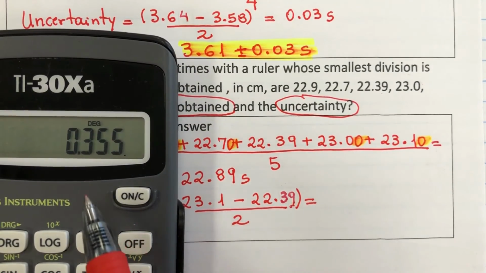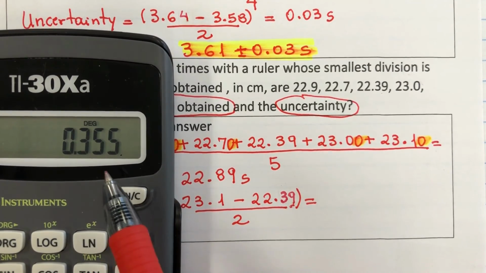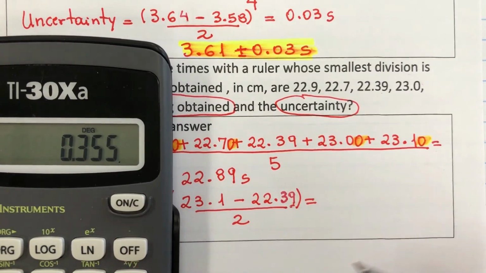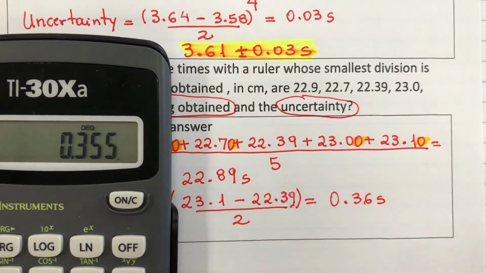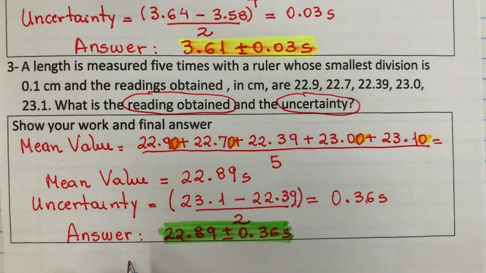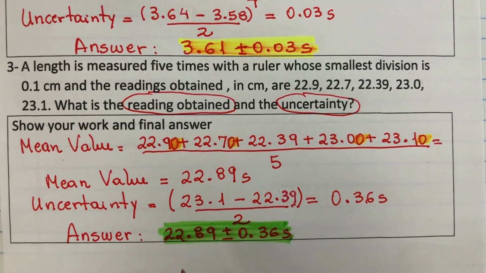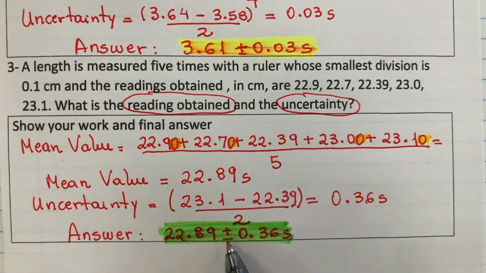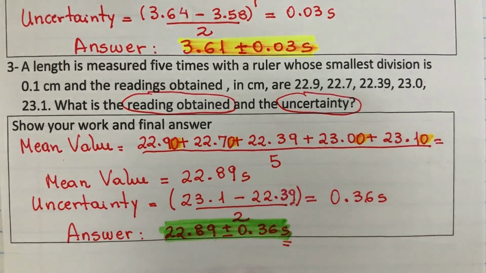Since I'm using just 2 decimal places, I'm going to round this number to 0.36 seconds. The final answer, the mean value and the uncertainty, must be combined in the same answer: 22.89 plus or minus 0.36 seconds. Notice that the unit goes with the uncertainty.